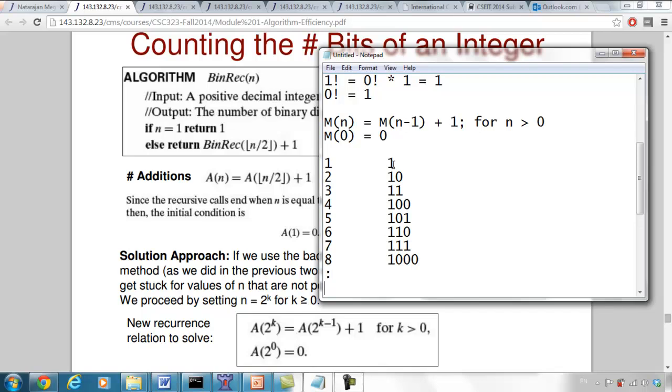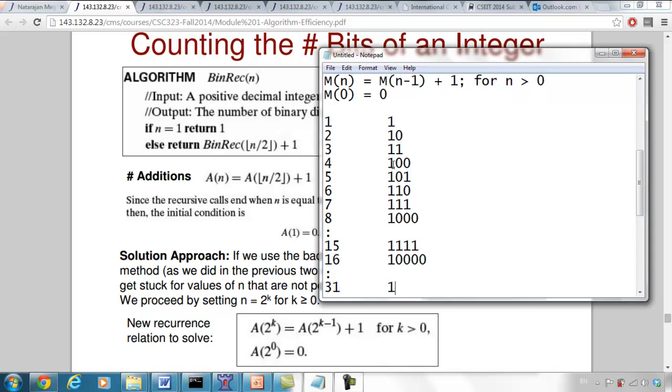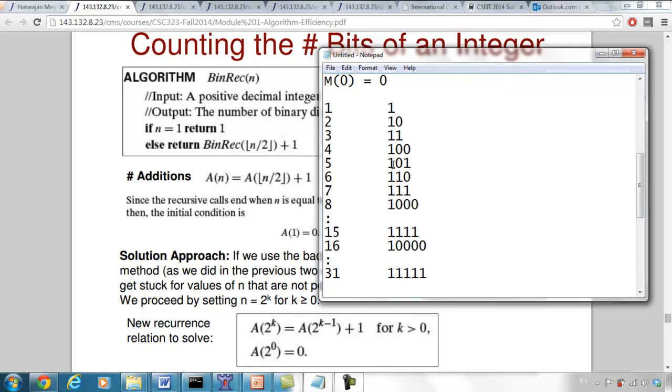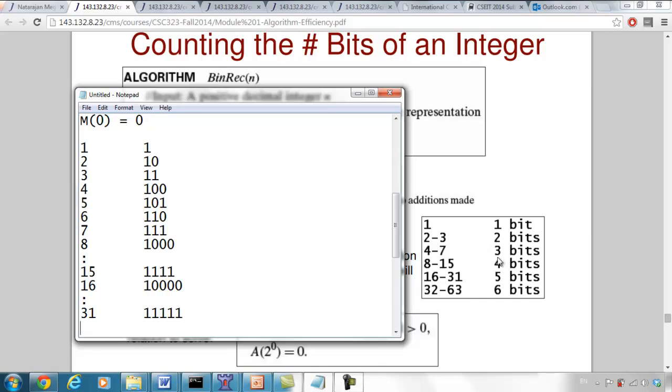If we go up to 15, it's going to be this, and if you go up to 31, it is this. So you see here, the range of integers you can cover doubles for every unit increase in the number of bits.